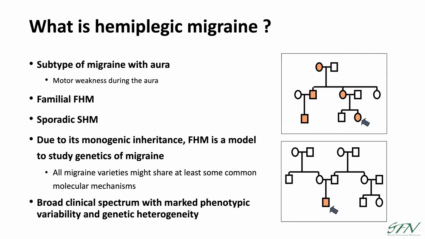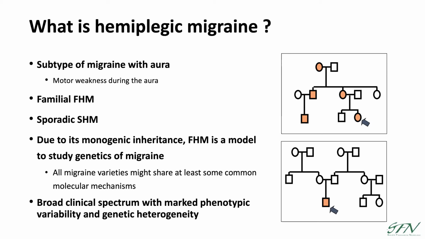And this is interesting because we believe that all migraine varieties, including hemiplegic migraine, which is uncommon, might share at least some common molecular mechanism. So to identify the genes underlying familial hemiplegic migraine may help to understand the more common varieties of migraine.